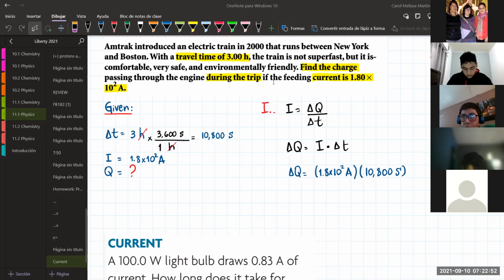As a reminder, 1 ampere is 1 coulomb per second. This allows you to cancel seconds, and in the end, you have delta Q equals to how much?